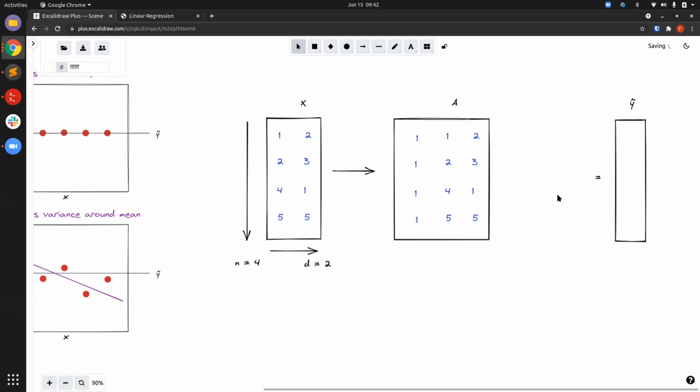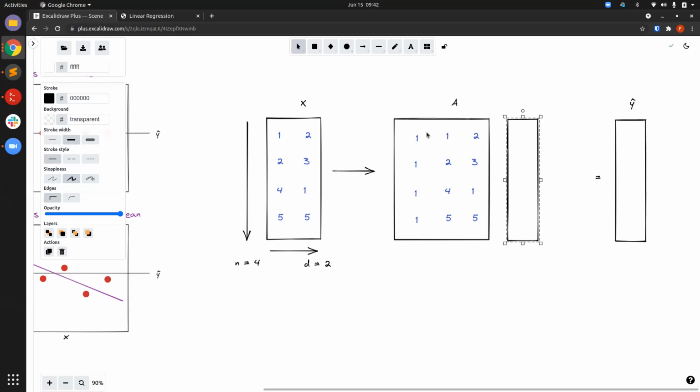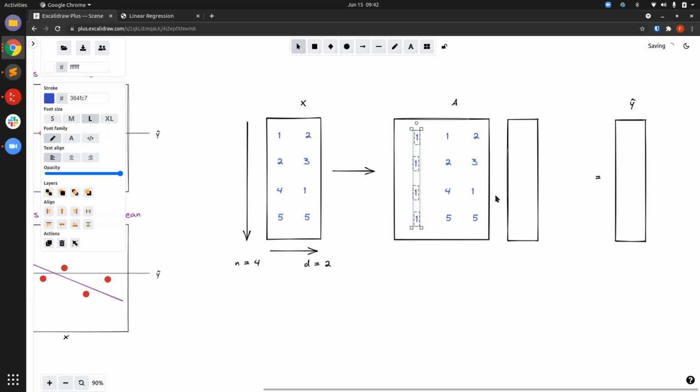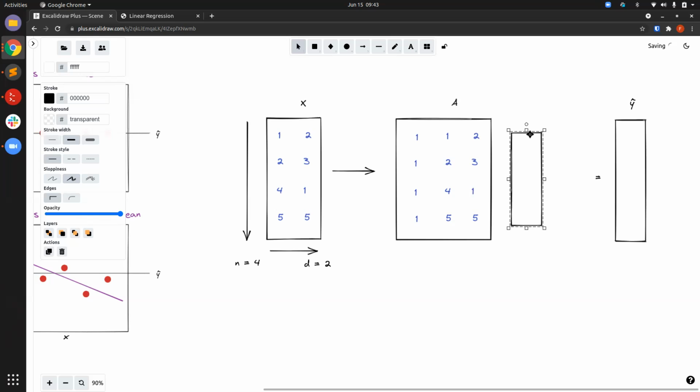Okay. Now, in order to find y hat, I need a weight vector. How many elements will be in my weight vector? How many weights do I need? Okay, I need 3 weights because I have 3 columns in A. Now, we know that 2 of those weights will correspond to those feature values, and 1 of them is going to correspond to the first column, which is the intercept.